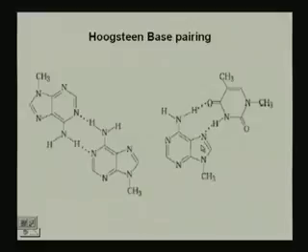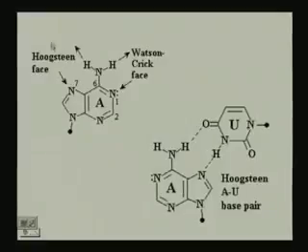So, what we essentially have is what is called a Hoogsteen face, where it is the 5-membered ring nitrogen and the NH of the 6-membered ring taking part in the hydrogen bonding, and for the Watson-Crick face, it is only the 6-membered ring that is taking part. Okay. This is the essential difference in the pairing that occurs.